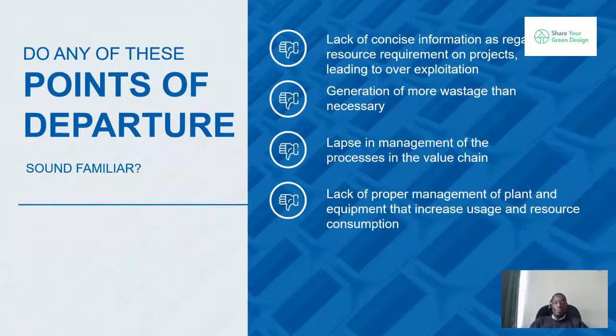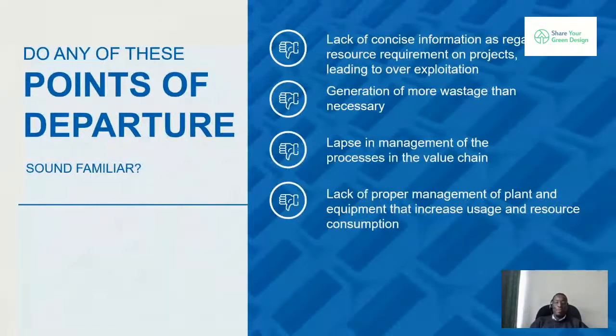And then also lapses in the management of the value chain, that is from manufacturers till the end users of the building. We are definitely not managing all these processes as seamlessly as they need to, because we find that there's very many things that slip into the cracks.